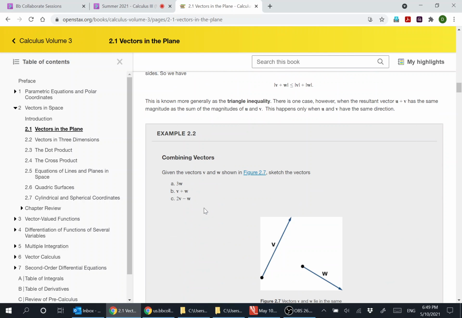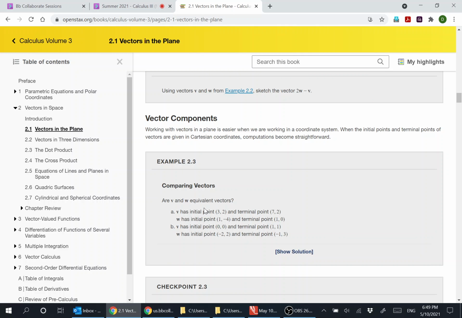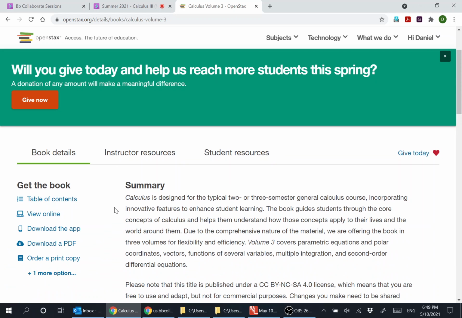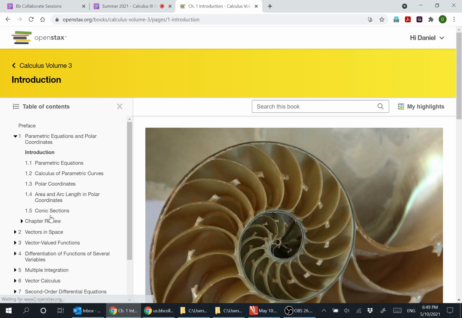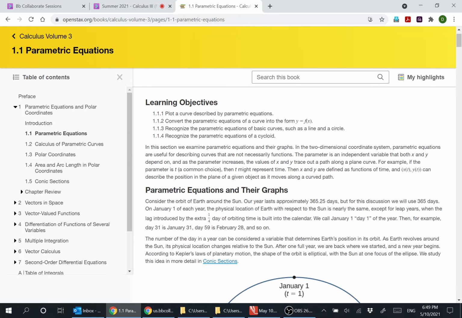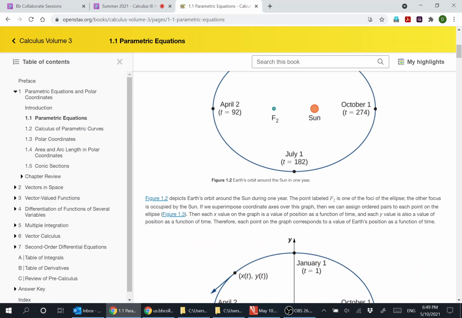All right. Another little warning about the book. There's the online book here. If you go to this OpenStax Calc 3 book, there's view online, and then there's download a PDF. The online and the PDF are slightly different. Not that different, but there are a few differences here and there. So if you go with the online one, that's what I'll be doing.